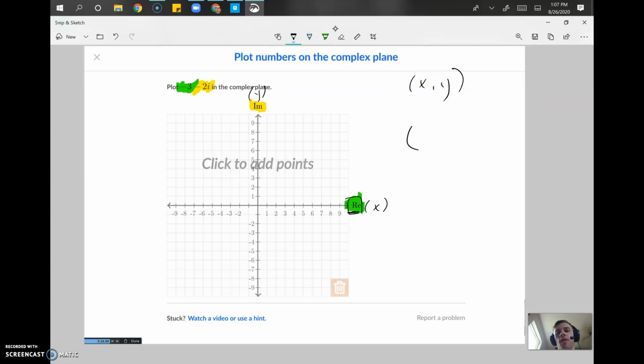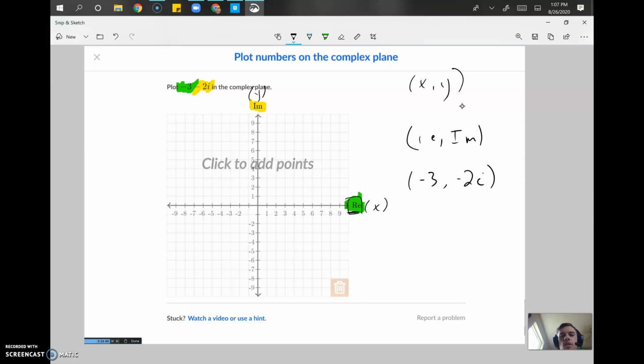So really we're plotting the real portion, comma, the imaginary portion. We could rewrite this complex number as a coordinate point. I don't know if we'll ever see it as a coordinate point, but if this helps, that's all you're doing. And so we're going to -3 on the real plane.